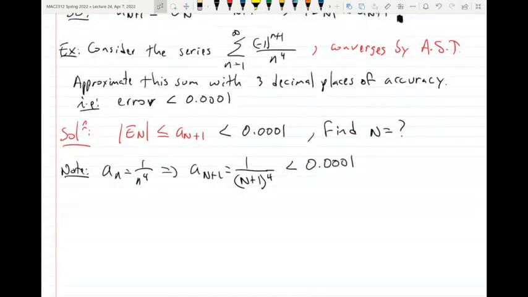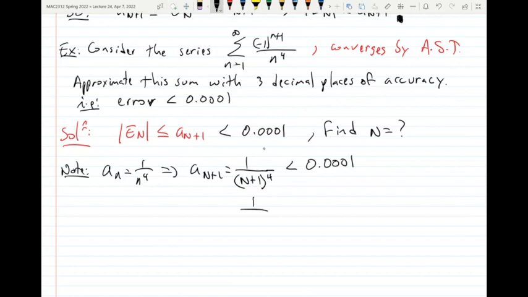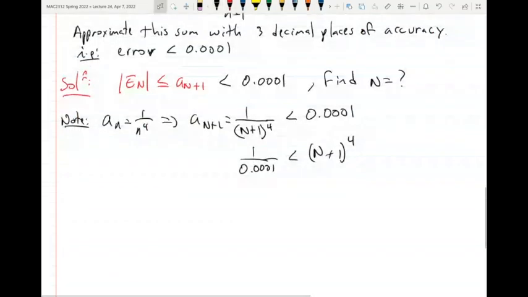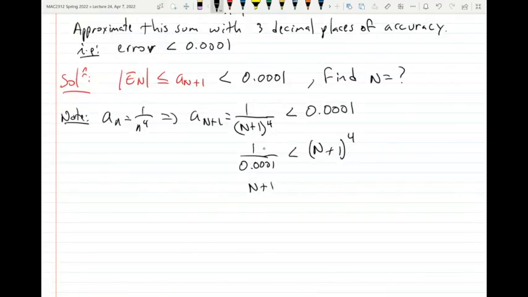Okay, here this is something that we can easily solve. So I move the n plus 1 to the other side, and I divide by 0.001. So 1 over 0.001 is going to be less than n plus 1 to the 4. So that means that my n plus 1 has to be bigger than the 4th root of 1 over this.